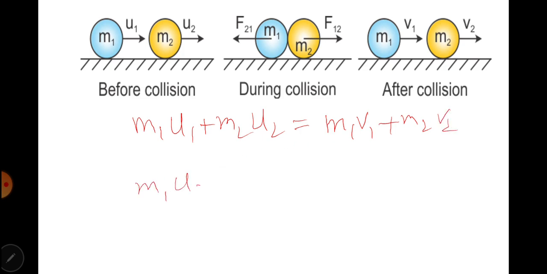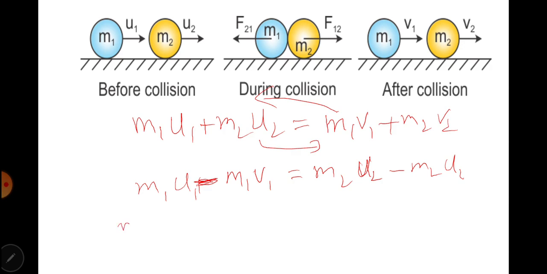Then m1 u1 minus m1 v1, this is transferred to this side, and m2 v2 minus m2 u2, this is transferred to the other side. m1 is common. m1 (u1 minus v1) is equal to m2 (v2 minus u2), which is the law of conservation of momentum.